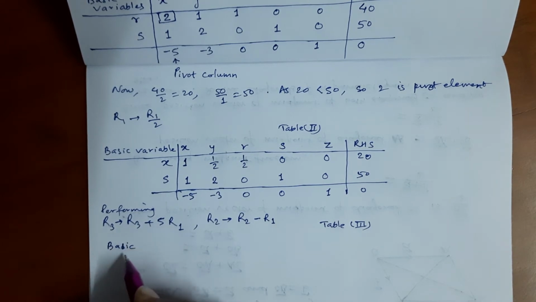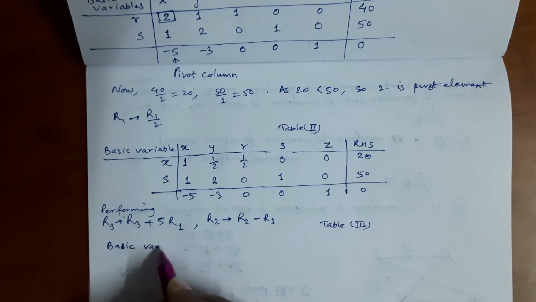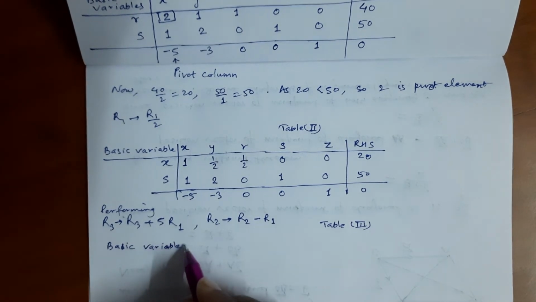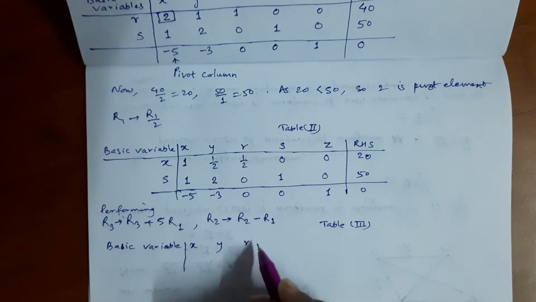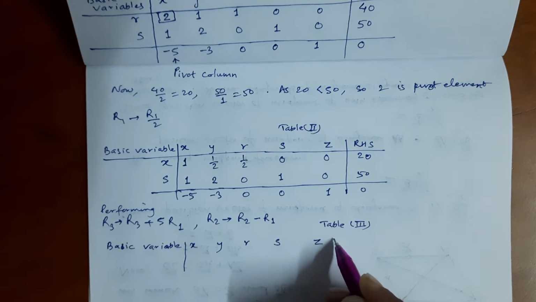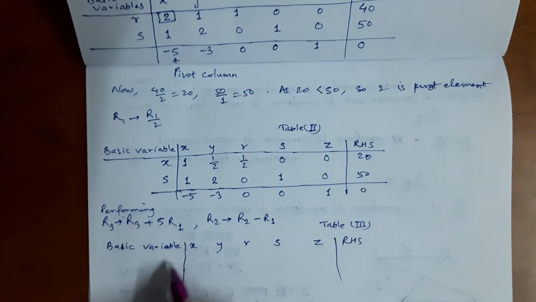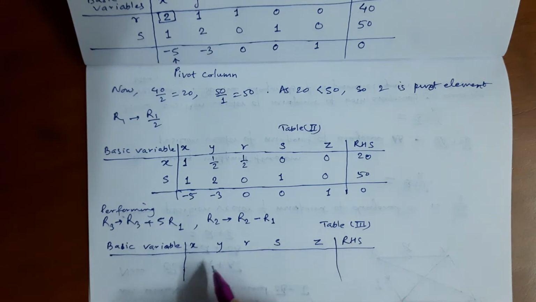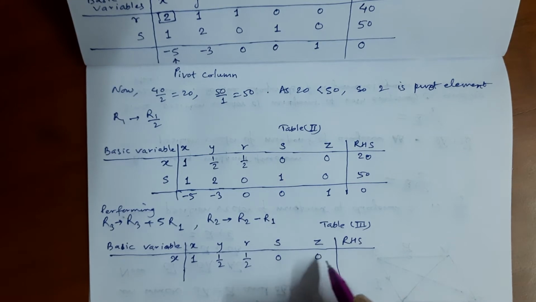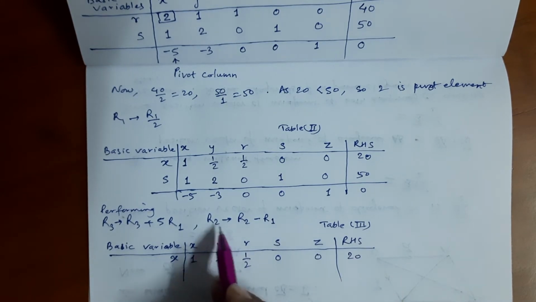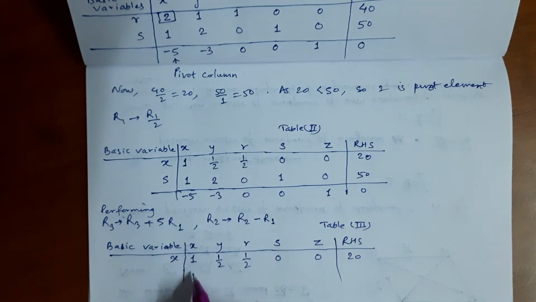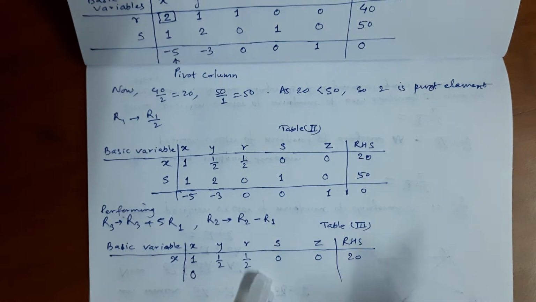Basic variable X, Y, R, S, Z, RHS, and here X is 1 over 2, 0, 0, 20, and R2 minus R1, 1 minus 1, 0, 2 minus 1 over 2, let's calculate in rough here on the side.